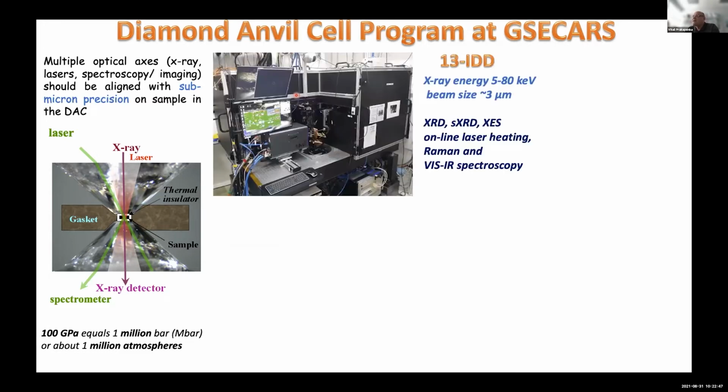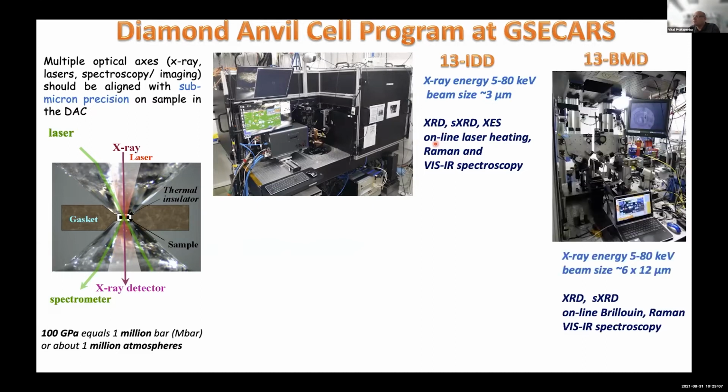GSECARS have 3 stations dedicated to high pressure research. The main one is an undulator beamline where we can deliver energy from 5 to 80 keV, with the beam focused down to 3 microns, where we do a lot of different X-ray diffraction, scattering, X-ray emission, combined with different optical spectroscopy.